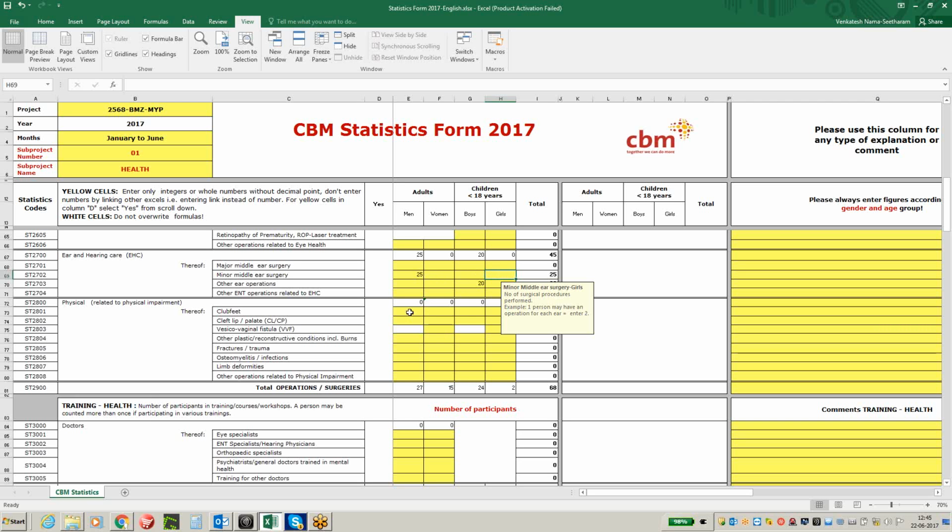And as Karen explained, a person might have many surgeries, for example two times, but here only the surgeries or the procedures are counted.